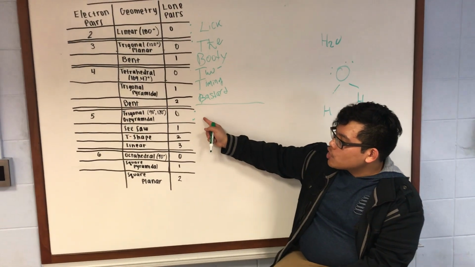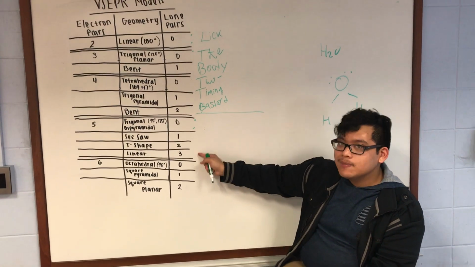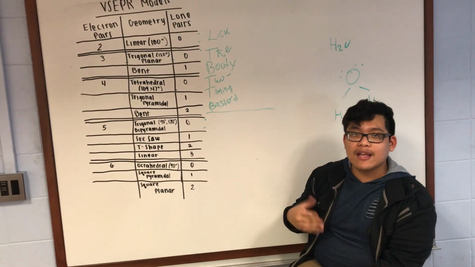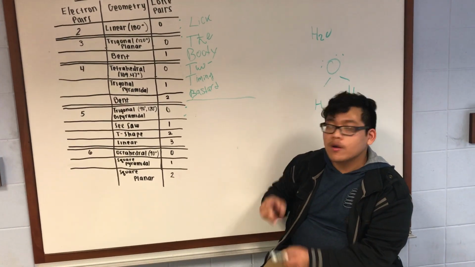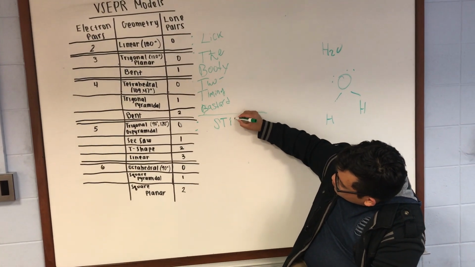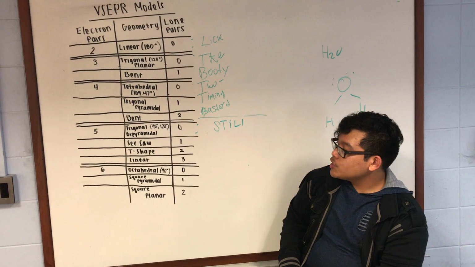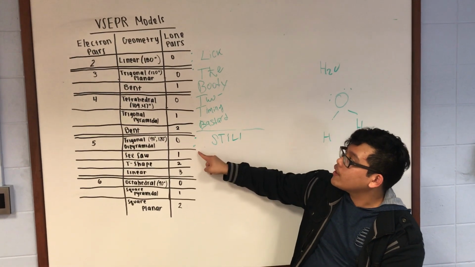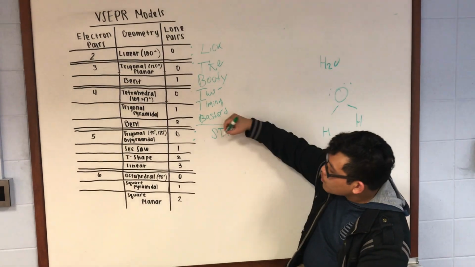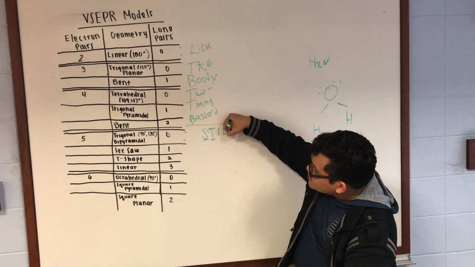So you see how trigonal bipyramidal has 3 different names? I found it very hard to memorize this in the correct order, and it dawned on me: remember the word still.